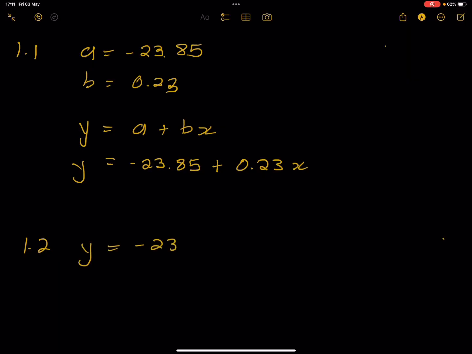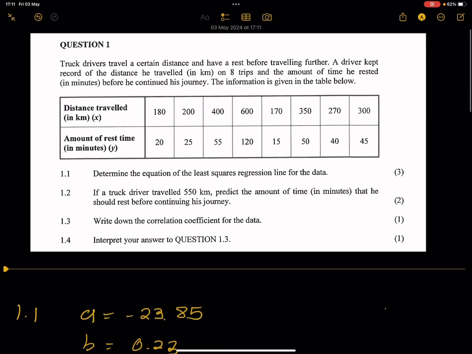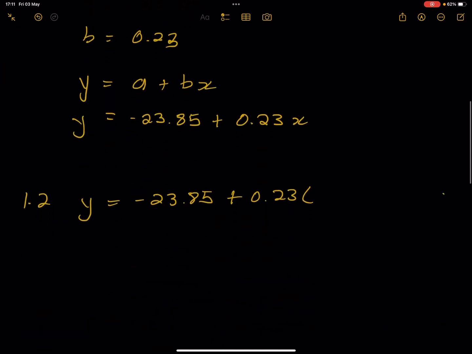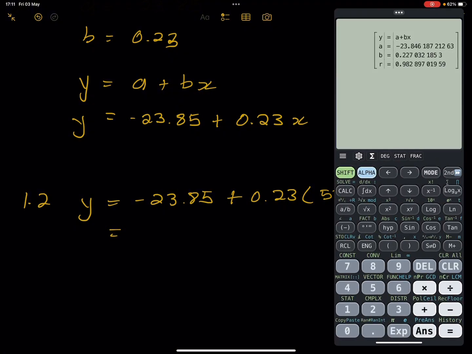This is called interpolation, that is within the line. So that's minus 23.85 plus 0.23 into 550. So we're going to use 550 as our x value. All right, so let's calculate that quickly.